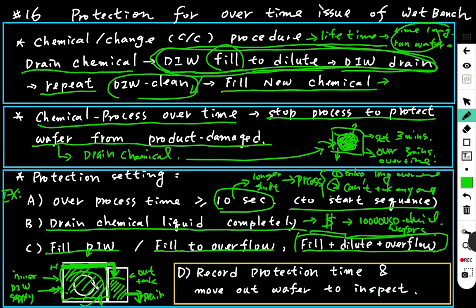The wafer is clean, without chemical residue. Then start to overflow to protect the wafer. This is the flow: dilute and overflow.